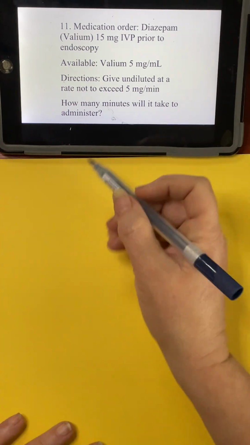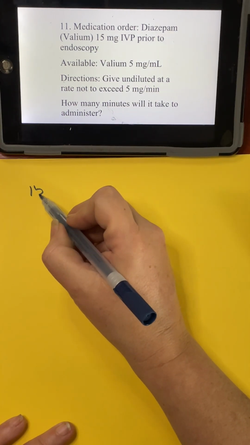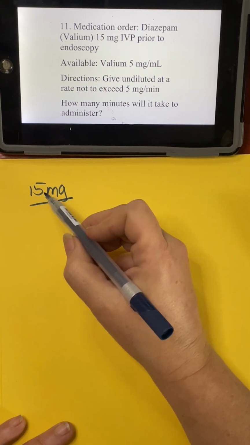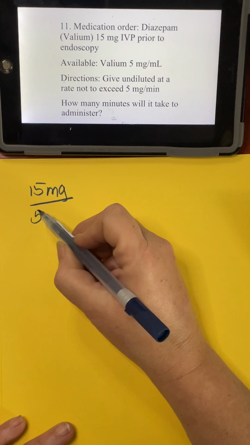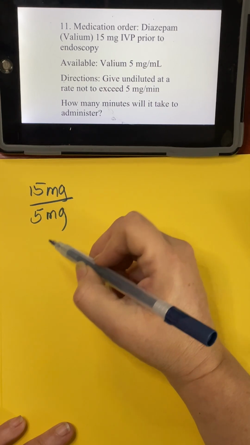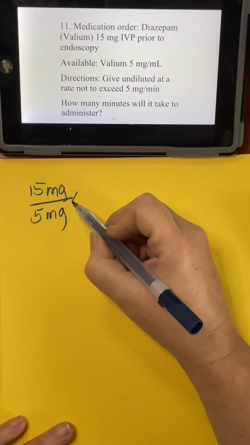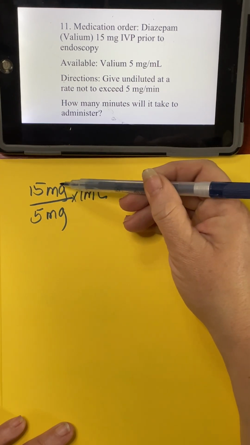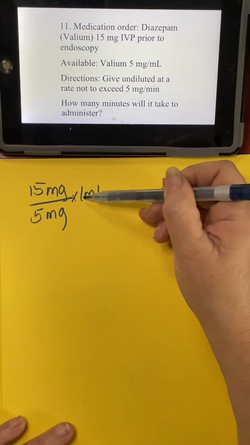Okay, so what he wants them to get is 15 milligrams, and what we have is 5 milligrams per 1 ml. And we're gonna do the math. This divided by that times that.